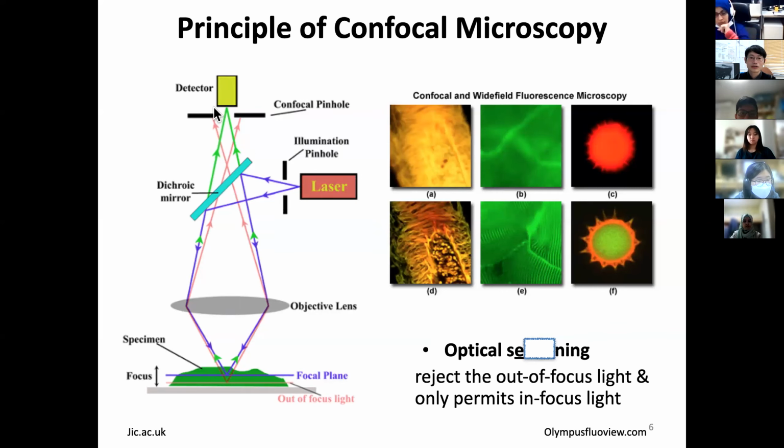So first of all, you've got to have a light source and you send the light. Now you understand what a dichroic is and how an epifluorescence microscope works. You need to have a dichroic mirror. Look at this, you have focusing with the objective lens. So this purple line is focusing.